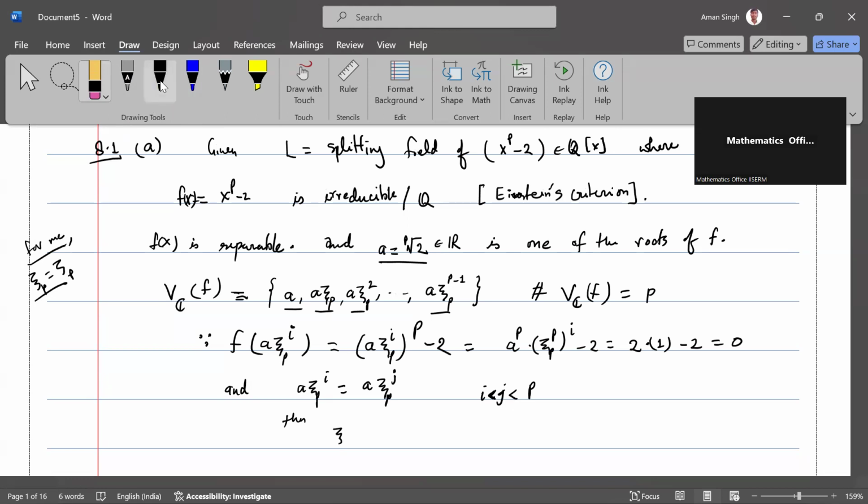from this relation, we can take j minus i is equal to 1, and this is a contradiction because zeta p is a primitive root. So all of these are distinct. Zeta p, zeta power square, zeta power p minus 1, these are distinct.